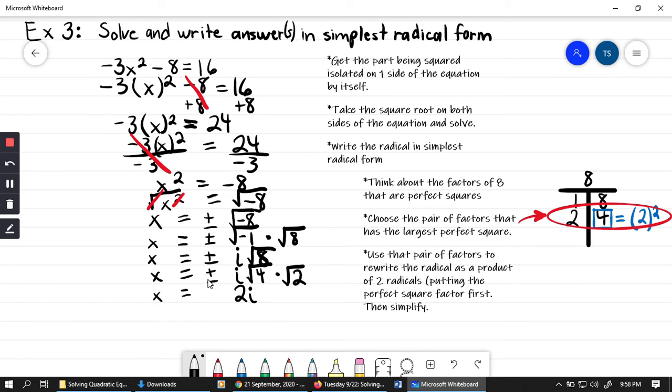There was already an i there, but again, we're rewriting the square root of 4 as 2. This other part, the square root of 2, stays just how it is, because it can't be simplified any further. So this is how we would write out our final answer.